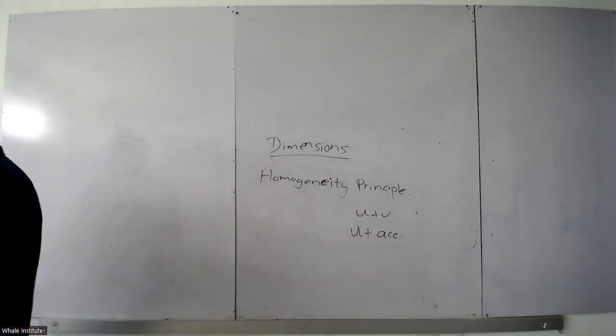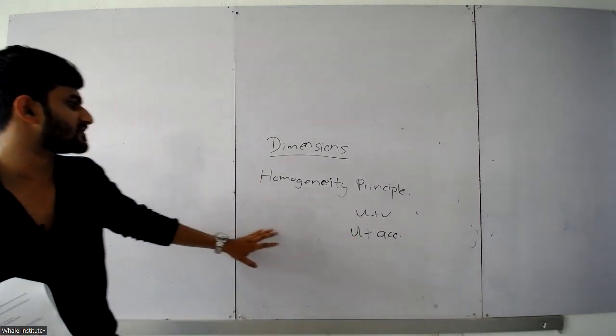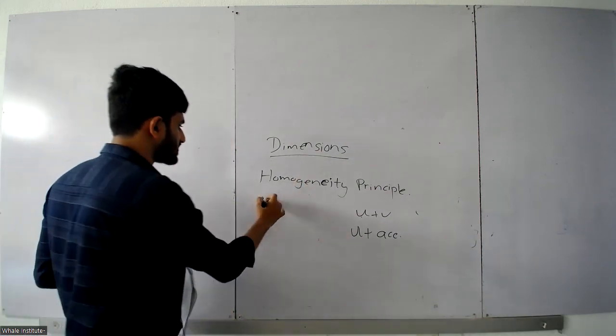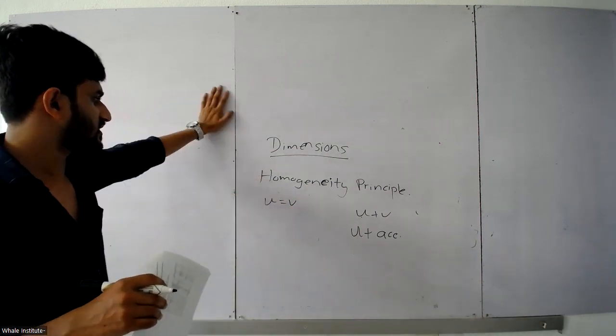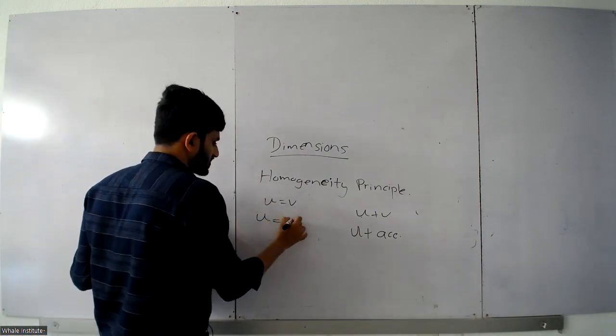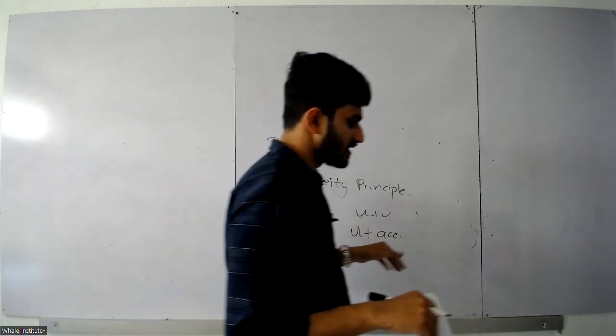It makes no sense. Similarly, u equals v, you can say like that, since u is a velocity and v is a velocity also. So we can equate the two terms, but we can't equate a velocity to an acceleration. This is a velocity, this is an acceleration, so we can't equate the terms.